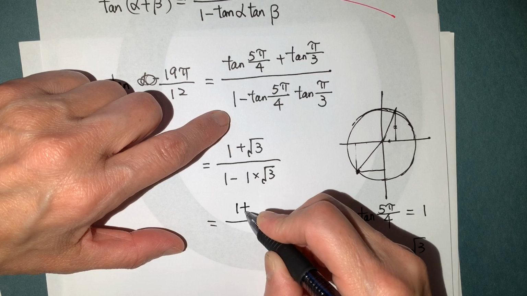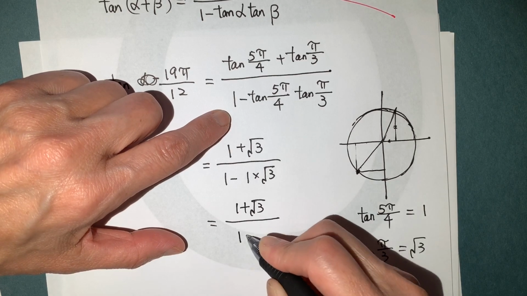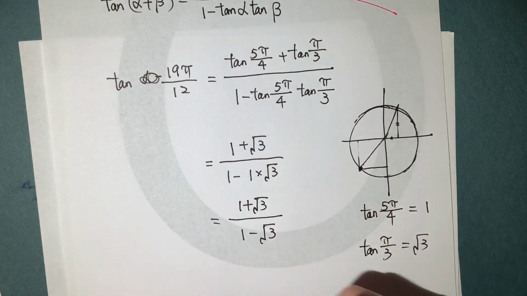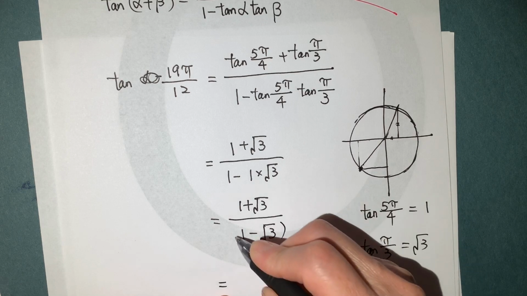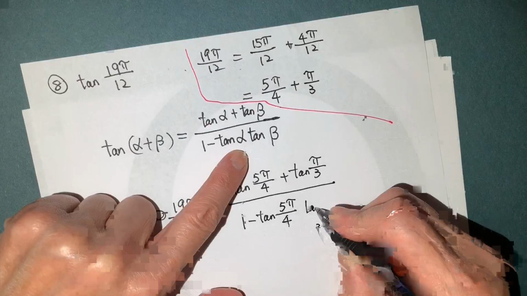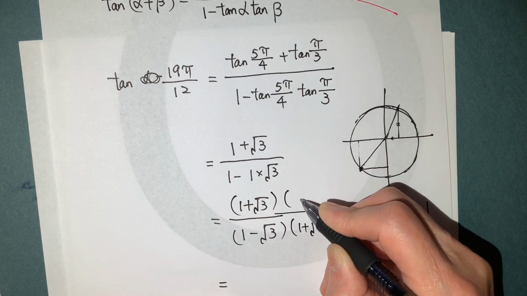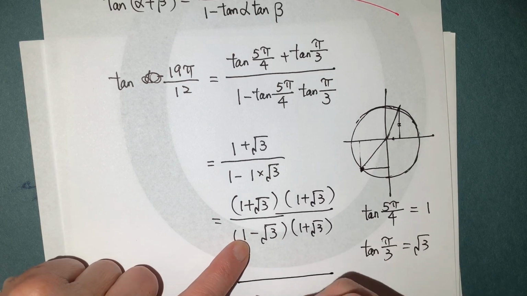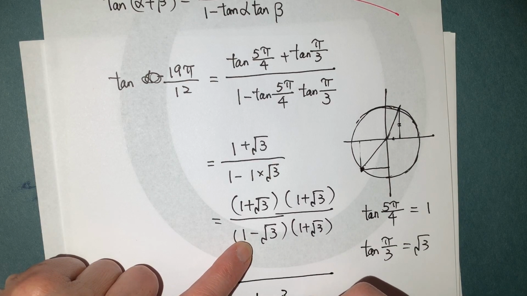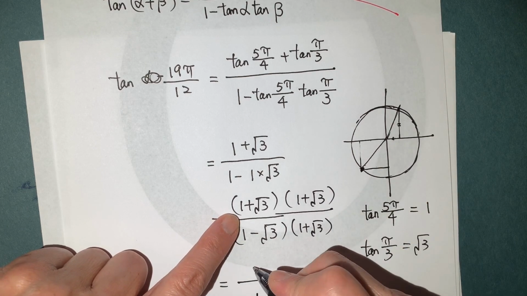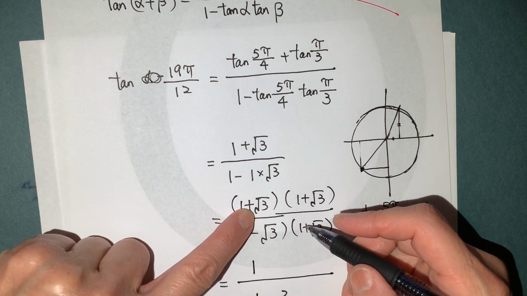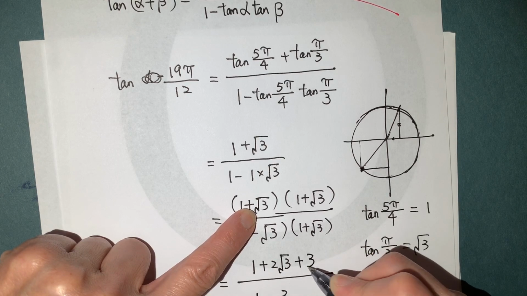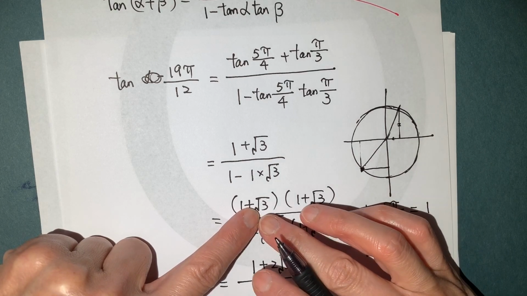So 1 plus root 3 over 1 minus root 3, and we will rationalize it, times 1 plus root 3 over 1 plus root 3. So the bottom will become 1 minus 3, and the above will be 1 plus 2 root 3 plus 3.